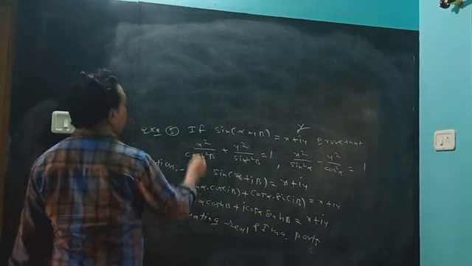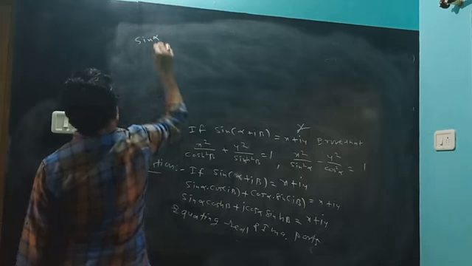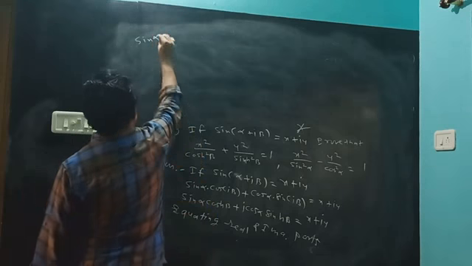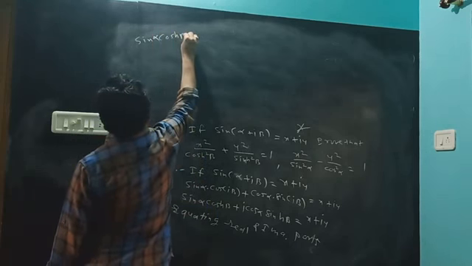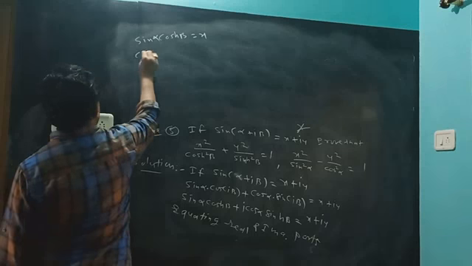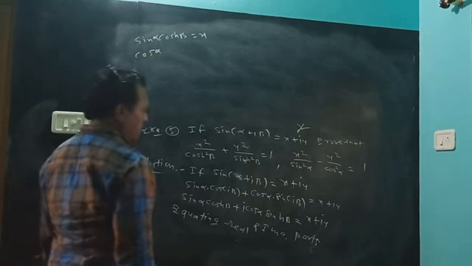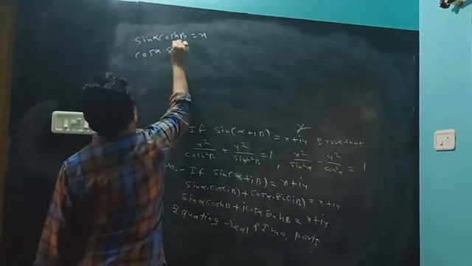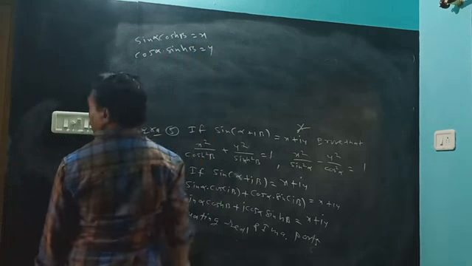So real part: sin alpha into cosh beta equals x. Imaginary part: cos alpha sinh beta equals y.